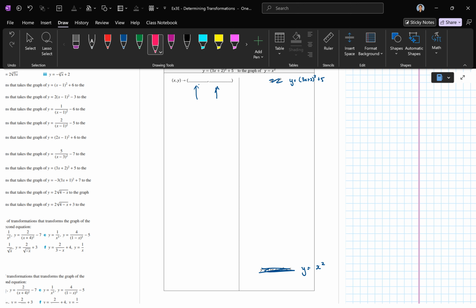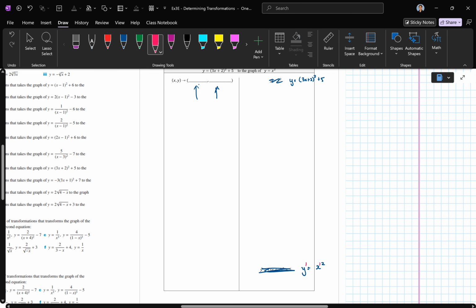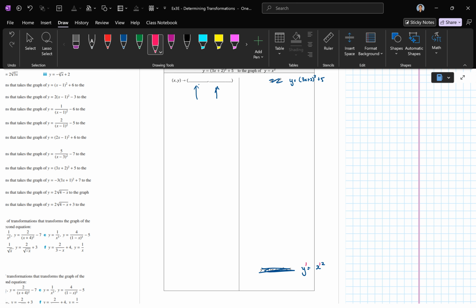So this is our new y. I'll put a dash there, and that's our new x. The top one is meant to be our original x, original y. So our goal is to figure out what did you replace for original x to end up getting this? That's what you're trying to figure out.